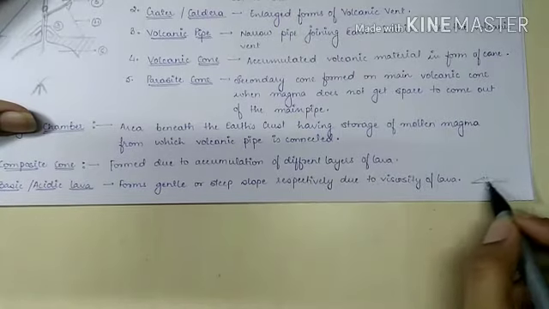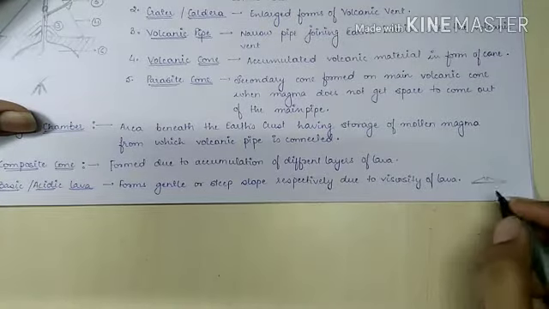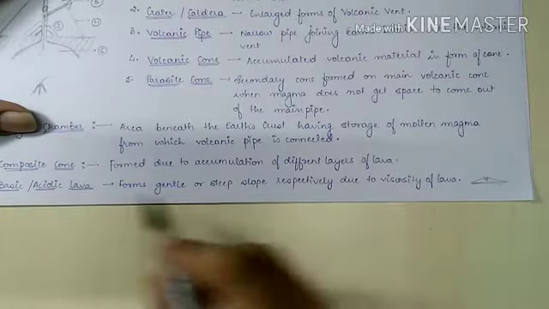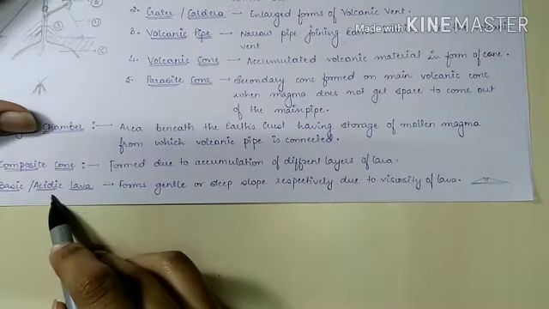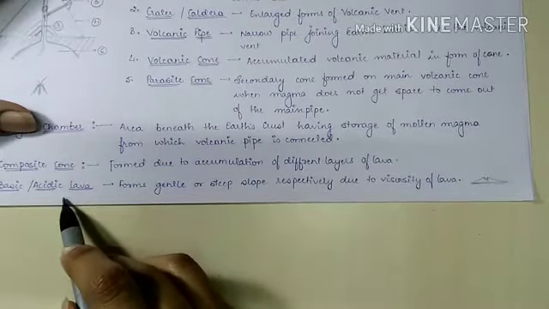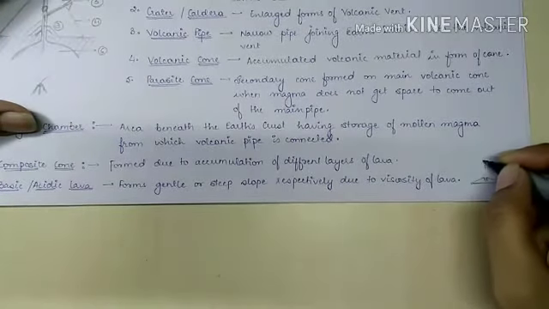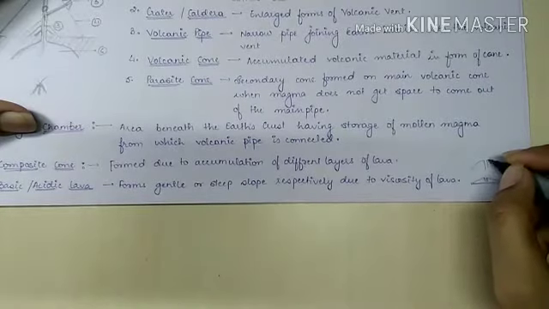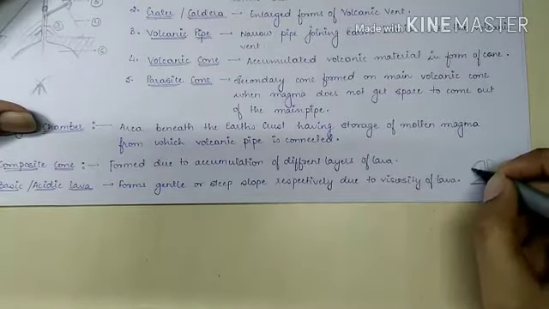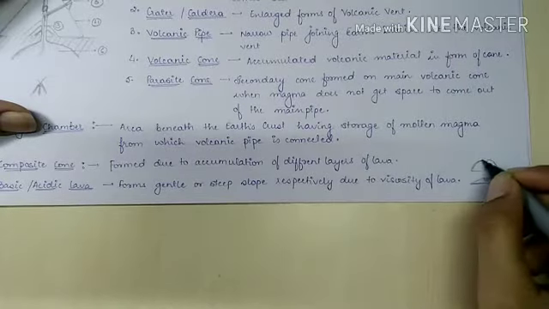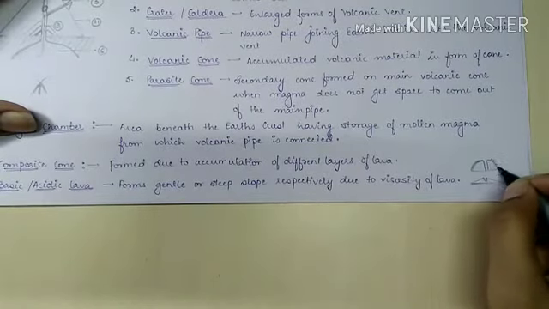This is known as basic lava cone. And in acidic lava, the silica content is more, because of which the viscosity is very high, and due to this there is accumulation of lava when it cools down, and the slope is steep.